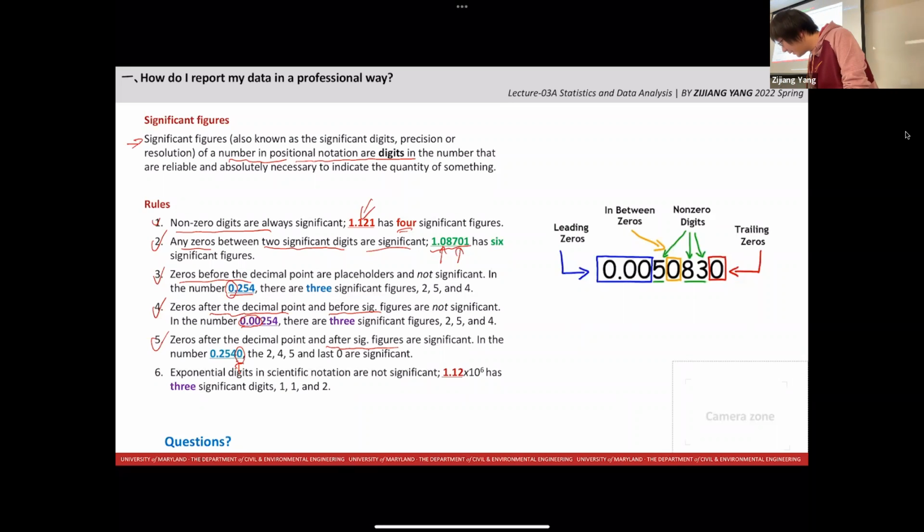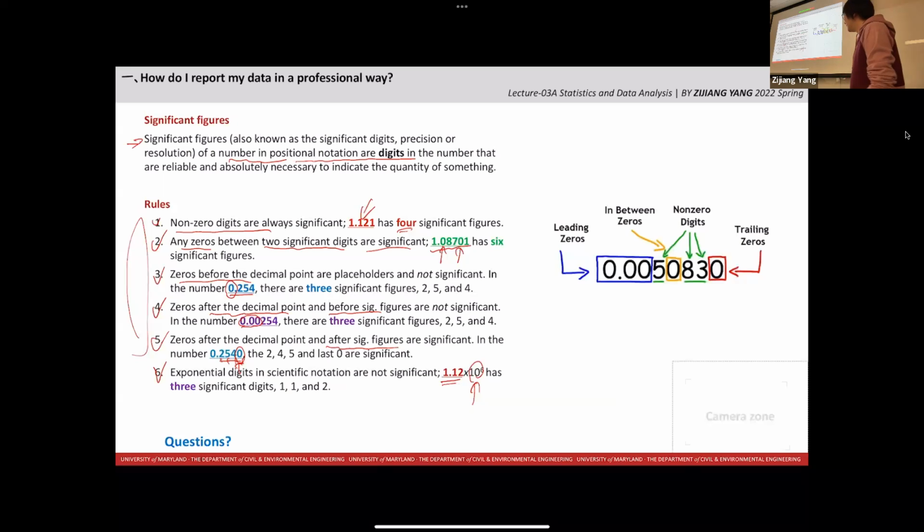So for this one, it has 1, 2, 3, 4 significant digits. And last, sometimes numbers are expressed in scientific notation. In this case, we only need to care about the first part, and we follow the same rules. So this one has 3 significant figures.